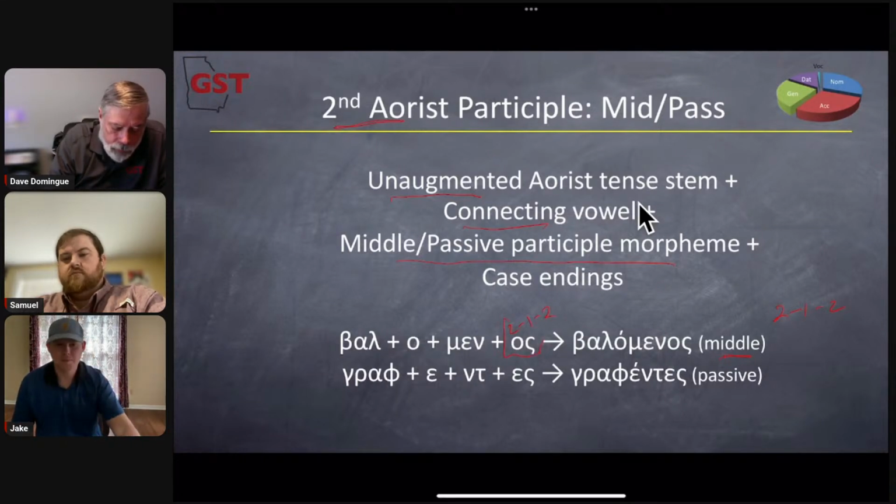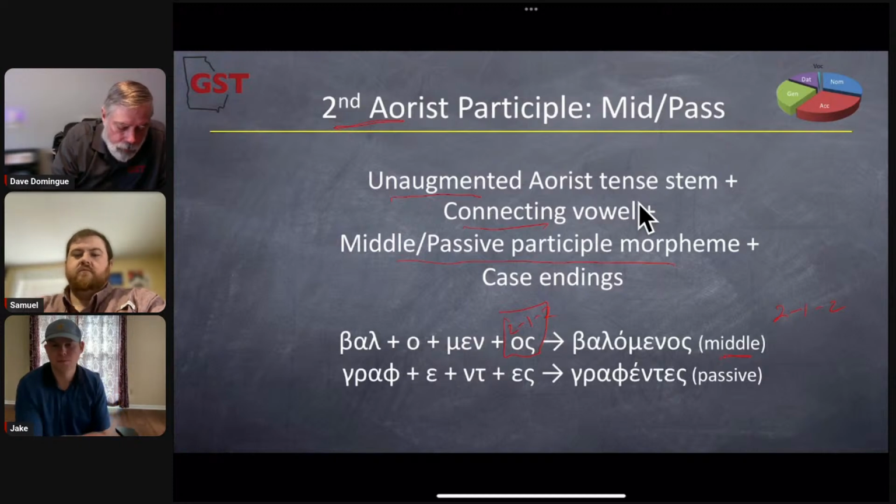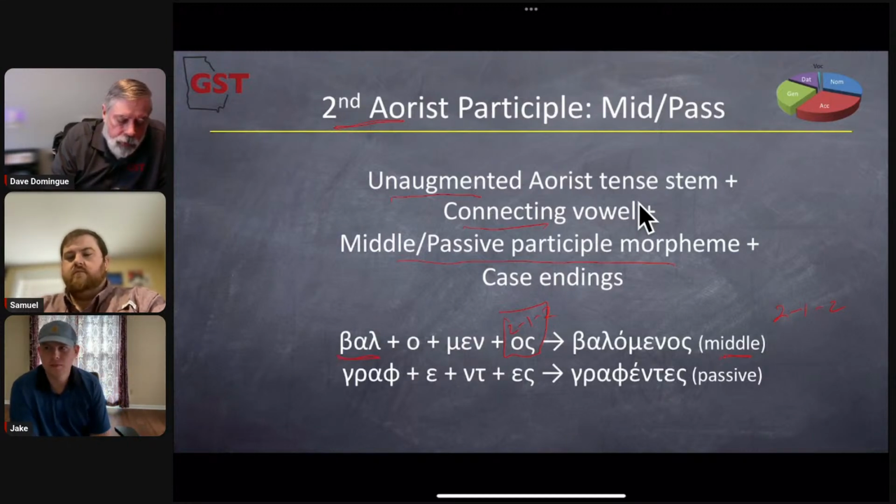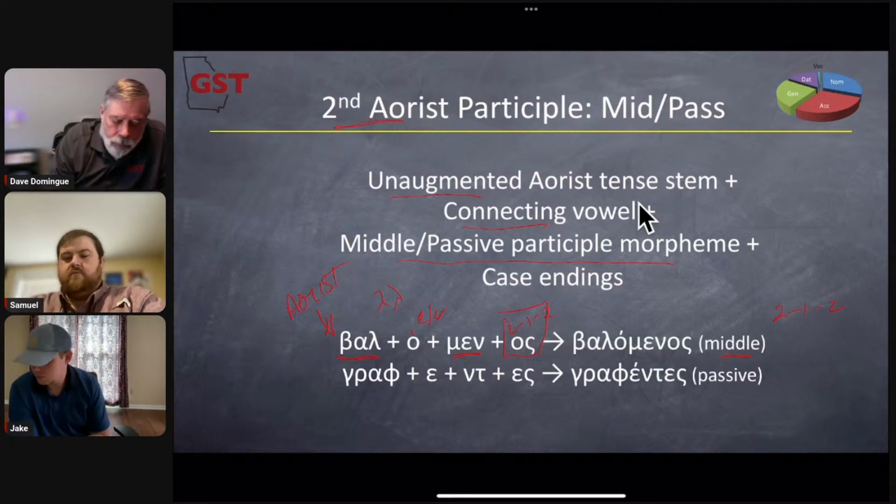The tense stem is going to help us understand that this is the aorist tense stem, because it doesn't have the double lambda. There's our connecting vowel and our min. So we get balaminos. And there's our middle form.